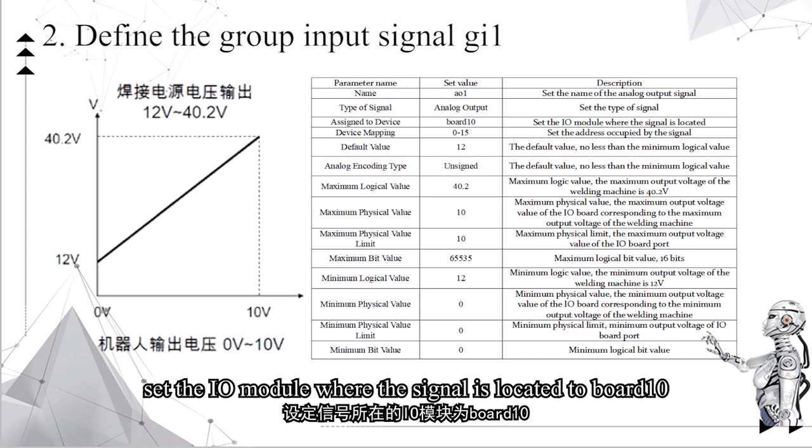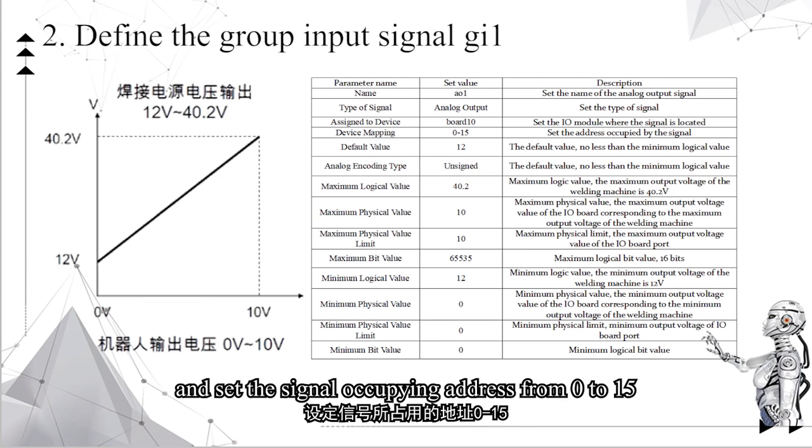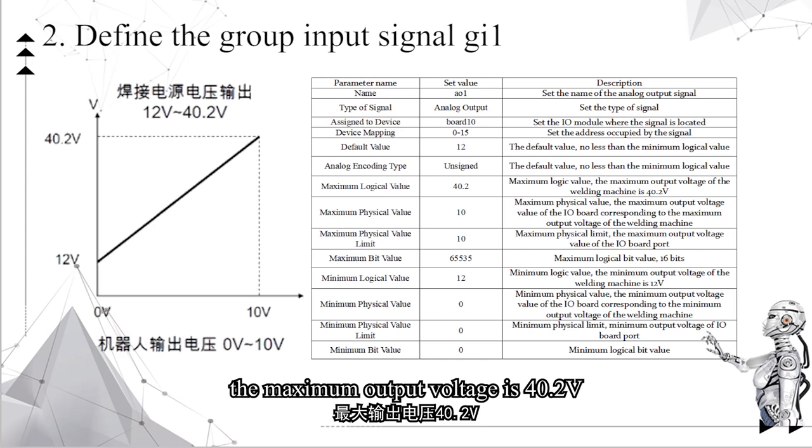Set the I/O module where the signal is located to board 10, and set the signal occupying address from 0 to 15. The maximum output voltage is 40.2 volts. The minimum output voltage is 12 volts.